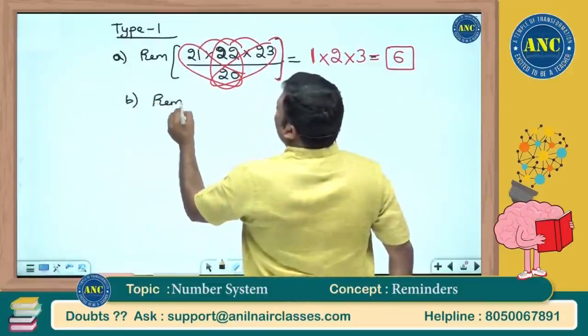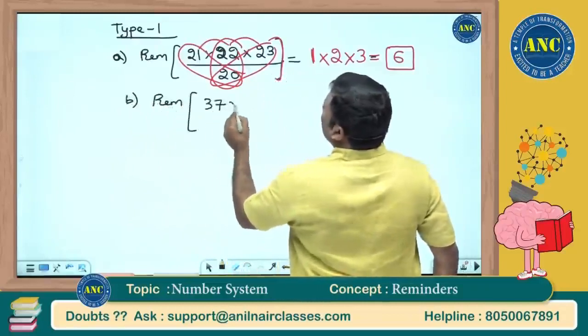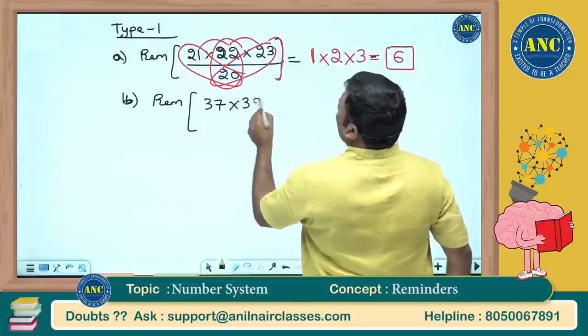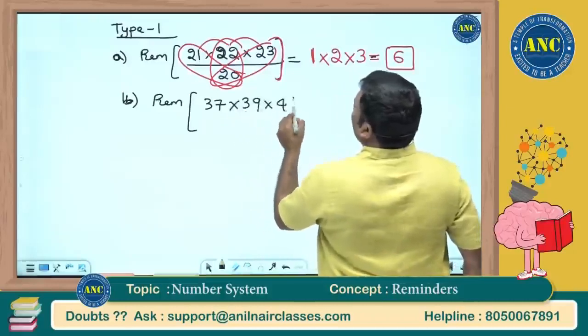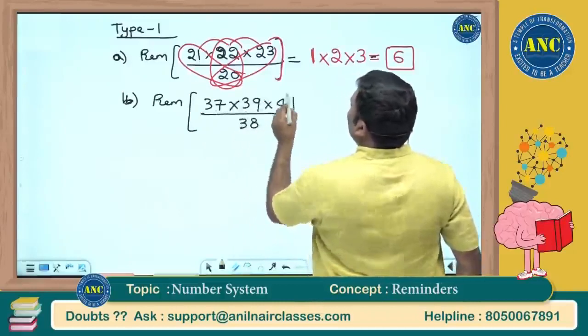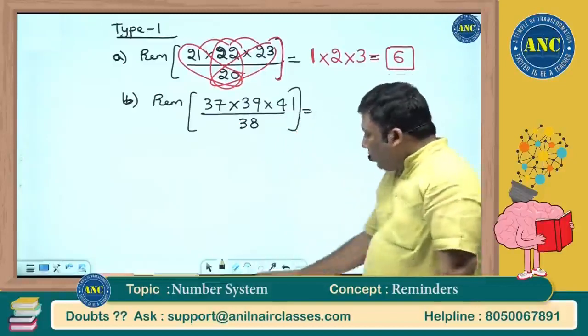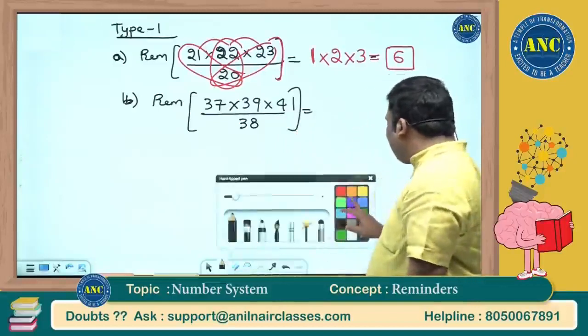Remainder 1: 37 into 39 into 41 divided by 38.